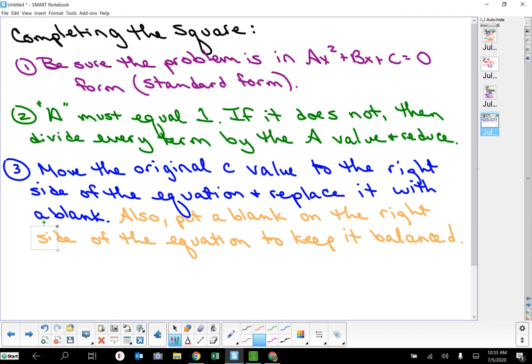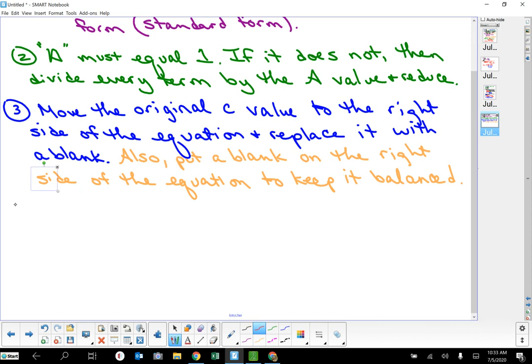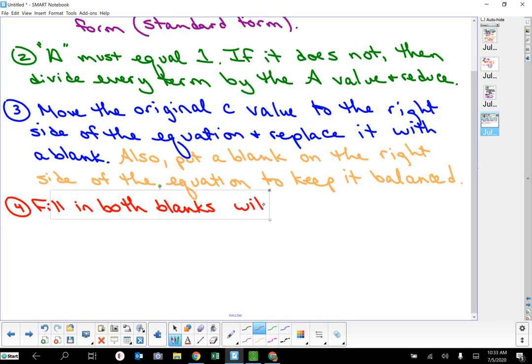Okay, so step 4, we are going to fill in the blanks with 1/2 of b quantity squared.